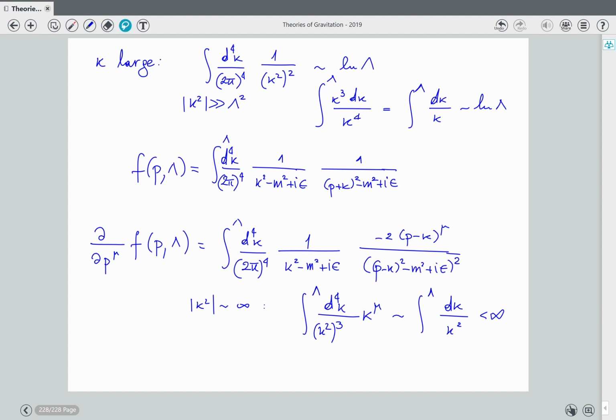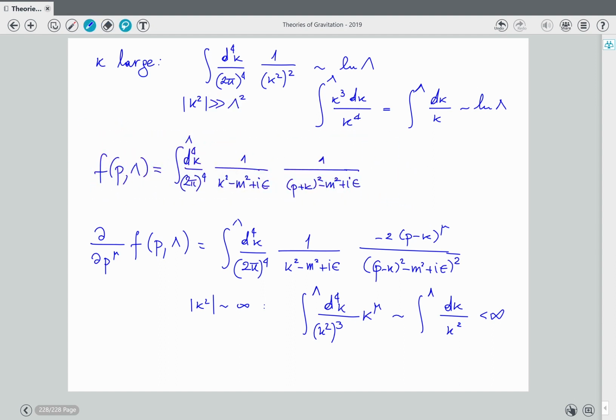And that has a very powerful consequence, because in the end you can say that this integral, which is finite for lambda finite, can be written as the contribution of two parts. A contribution that's finite also when lambda goes to infinity, and a contribution which is divergent when lambda goes to infinity.